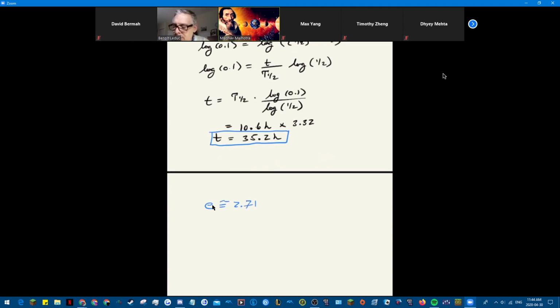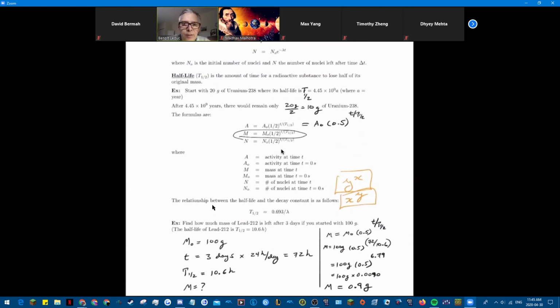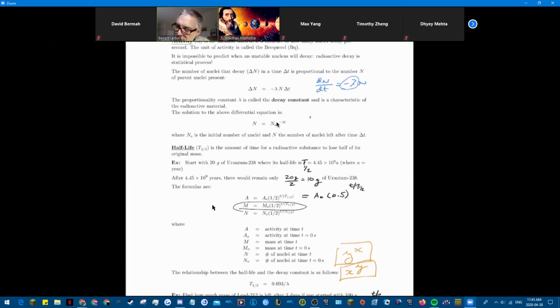Lambda is the decay constant. What happens here is that the rate at which radioactive nuclei decay is proportional to how many nuclei you have.